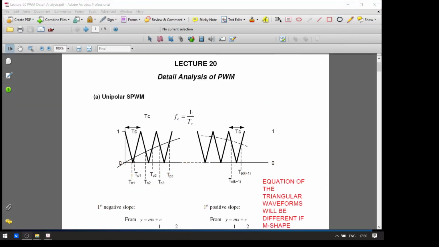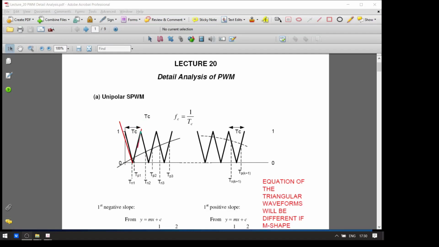Okay, right. So that's the idea, and now we look into the detail of the analysis. So these are the notes for the detailed analysis of PWM. We start with the unipolar PWM first. In unipolar PWM, the triangular carrier signals only consist of the positive part, so we have a 0 and 1. Please take note that we assume these triangular carrier signals are W shaped, because it starts with 1.